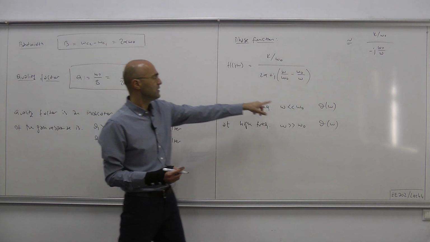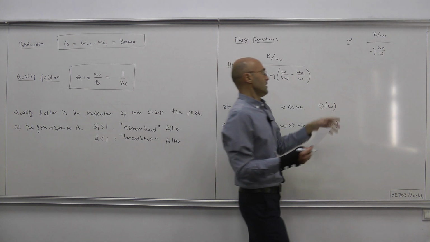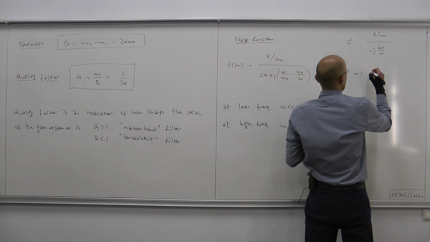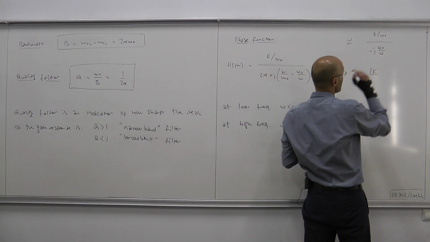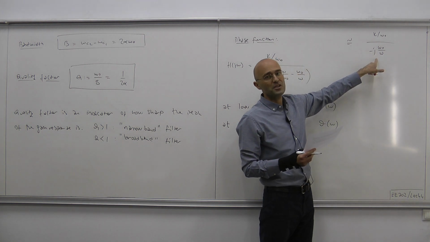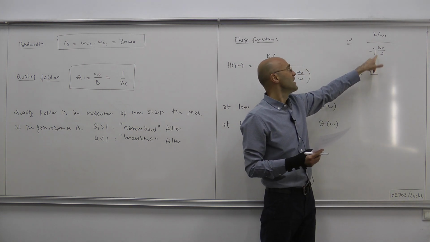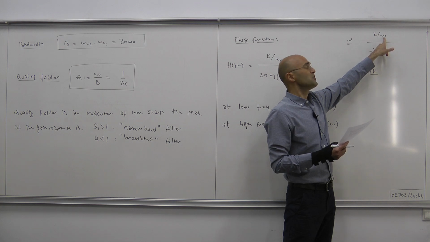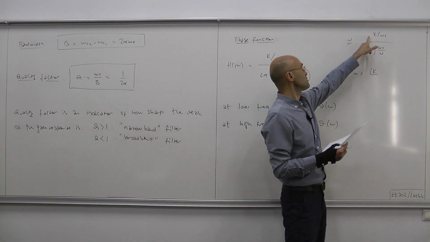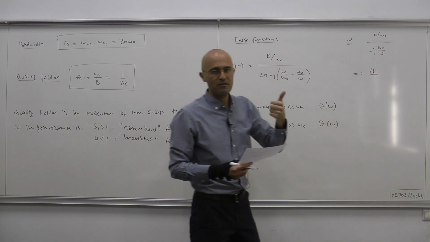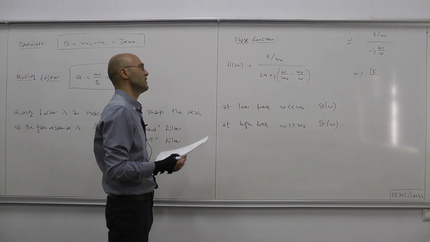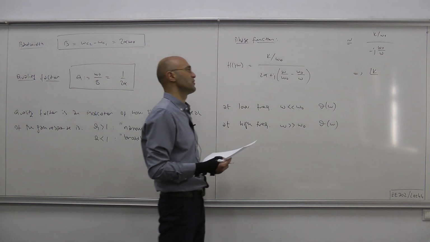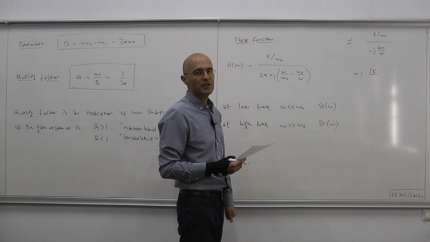Now, since we're interested in the phase, it is the phase of the numerator minus the phase of the denominator. The phase of the numerator, since omega 0 is positive, equals the phase of k. If k is a positive real number, then the phase of the numerator is 0. Otherwise, it's 180 degrees.